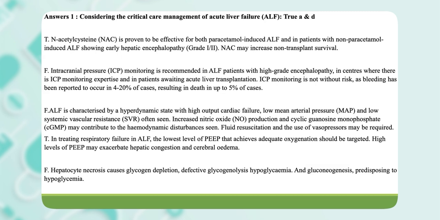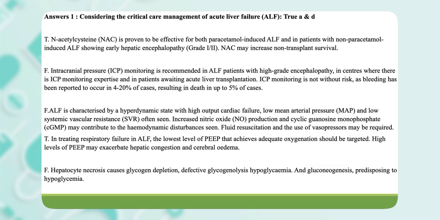So in acetaminophen induced disease, when pH is less than 7.30, or prothrombin time is more than 100 seconds, or creatinine is more than 3.4, and grade 3 or grade 4 encephalopathy. But nowadays, instead of prothrombin time, they are taking INR.